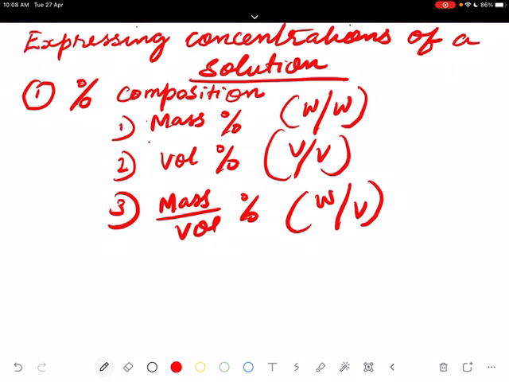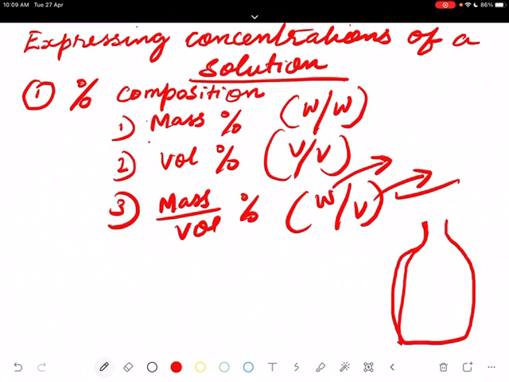In medicines, that is in suspension, liquid medicines, it is given in this format. That is W, mass of the solute, mass of that medicine, maybe paracetamol or nimulid, in total volume of the solution. You must have seen a bottle of 100 ml cough syrup.